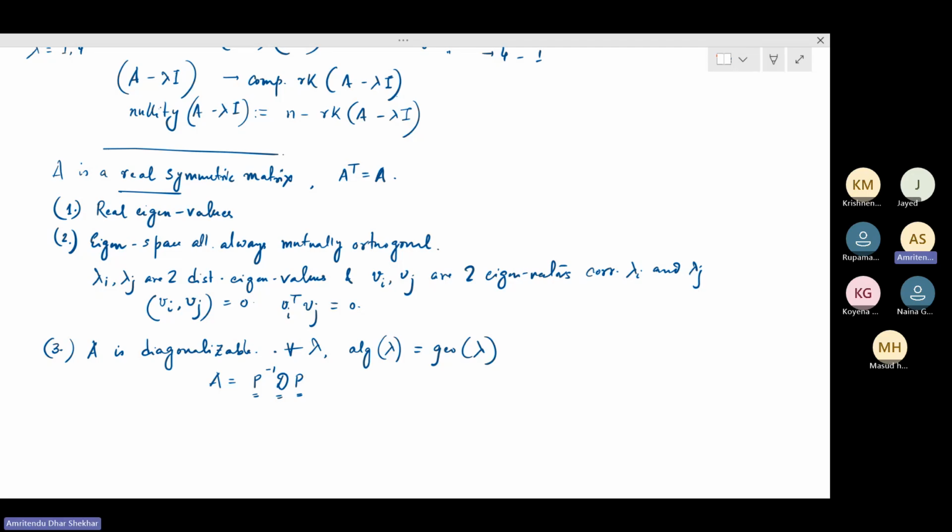So let me just write it down. This follows from this point: we can choose an orthonormal basis of eigenvectors.